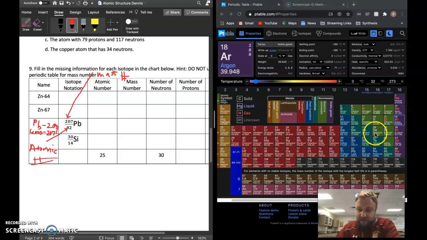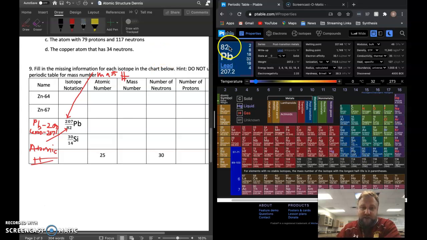You'll see it like that also. So if we find lead on our periodic table, even though I don't even have to look at it to fill this all out, just so you guys know, lead is number 82 on the periodic table.